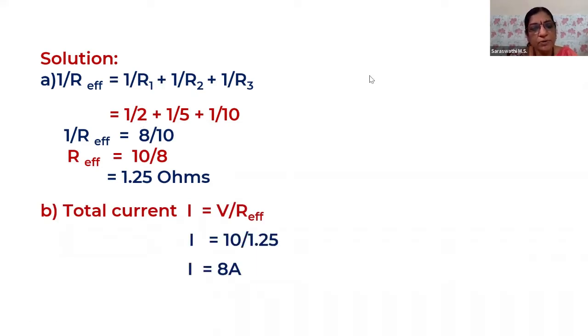Okay. Supposing you do this for series combination. If you connect them in series, can you calculate the total current? What will be R total if 2, 5 and 10 are connected in series?